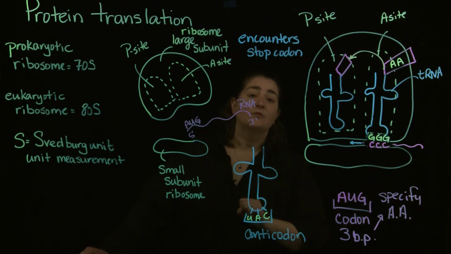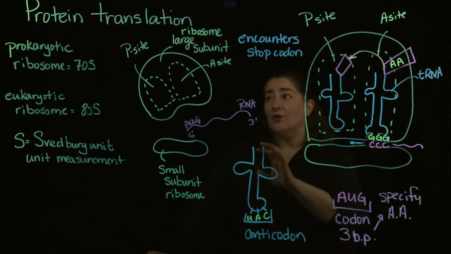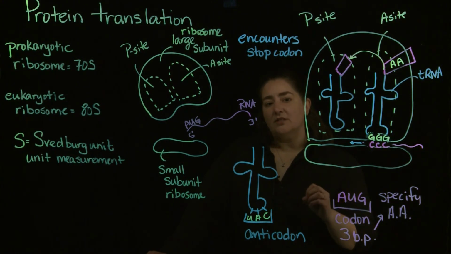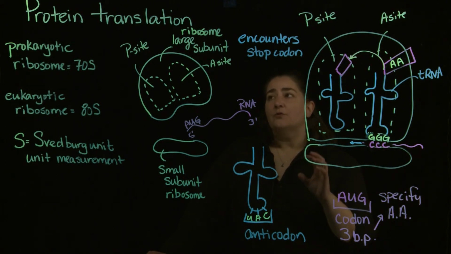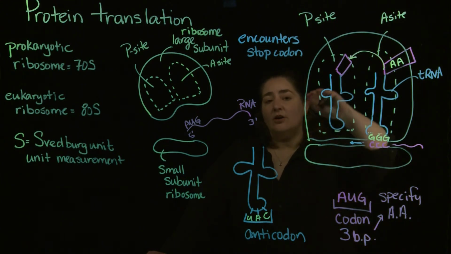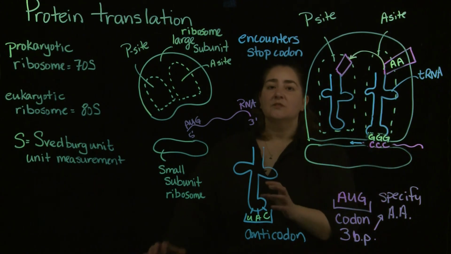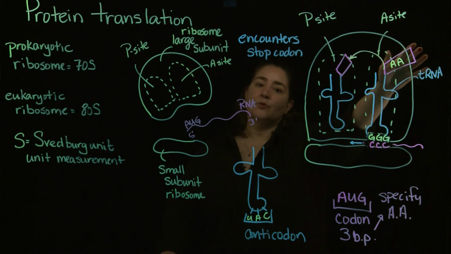All right? And really one of the things that's unique about bacterial translation and transcription, because there's not a nucleus in the prokaryote, is that both RNA transcription and protein translation are occurring in the cytoplasm. As soon as that RNA molecule comes off of the DNA, ribosomes latch on and start making proteins.